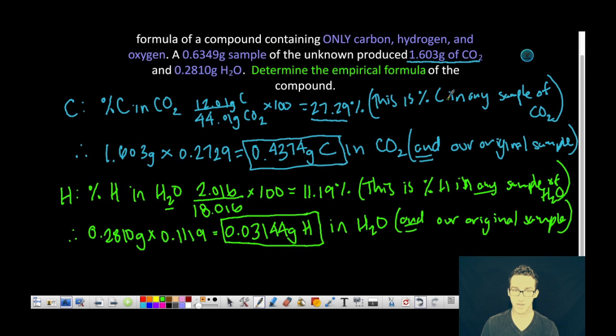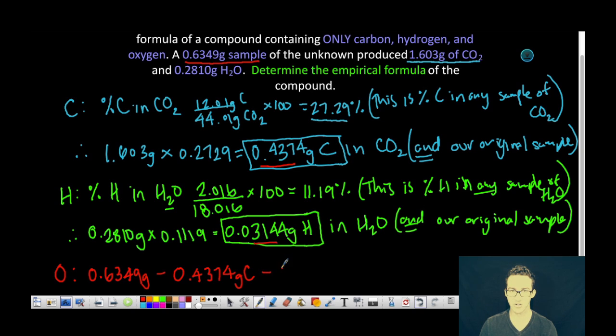In order to determine the amount of oxygen that we have, all we need to do is take our original sample mass of 0.6349 grams and subtract the mass of our carbon, which we determined earlier to be 0.4374 grams, minus the mass of our hydrogen, which is 0.03144 grams.